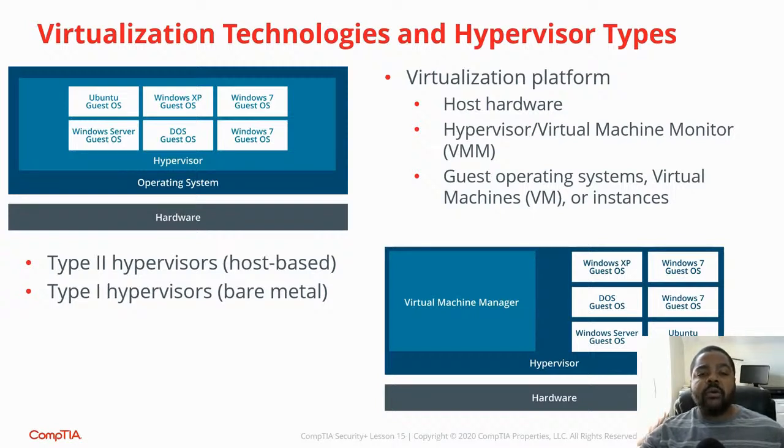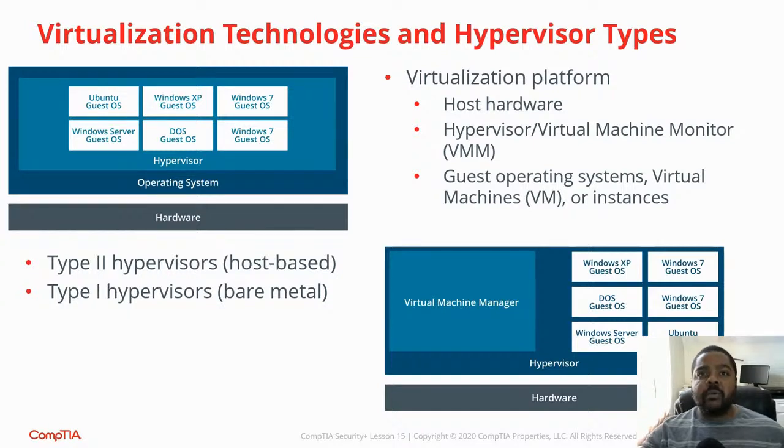Okay, that will be the picture off to the lower right hand corner, and that's where you're going to see different types of VMs coming off of the hypervisor software that's there.